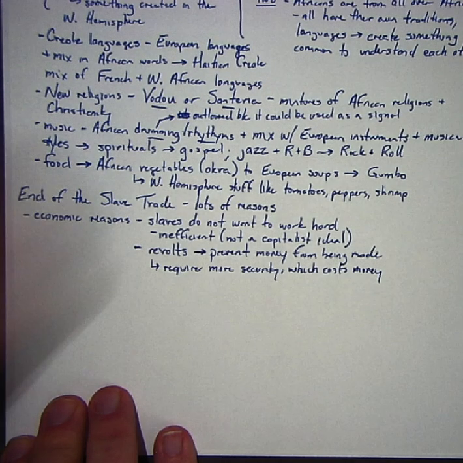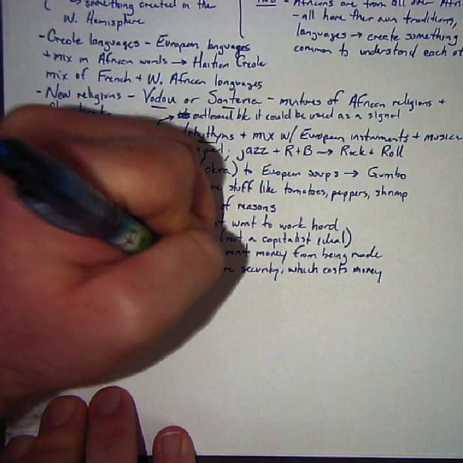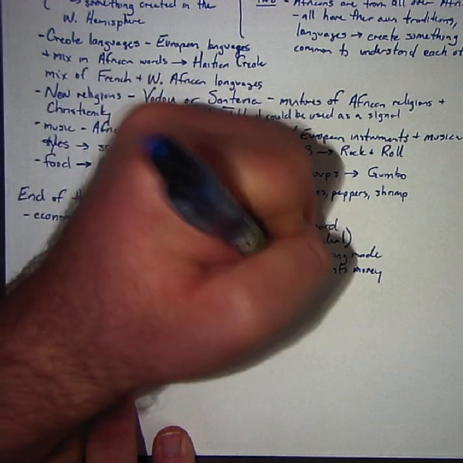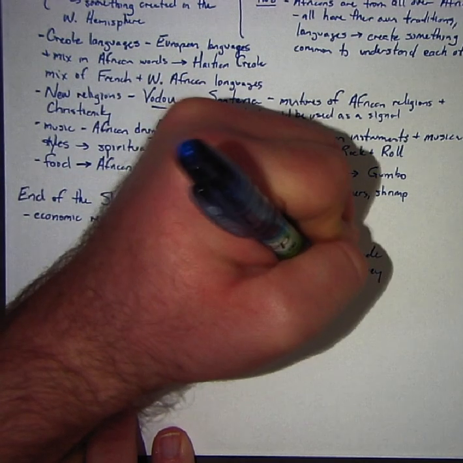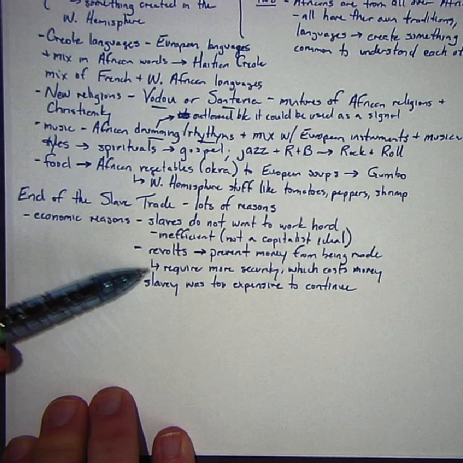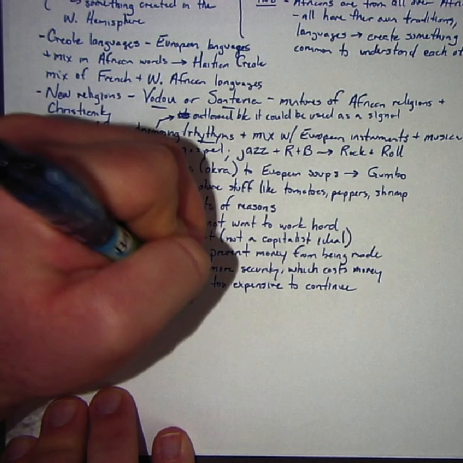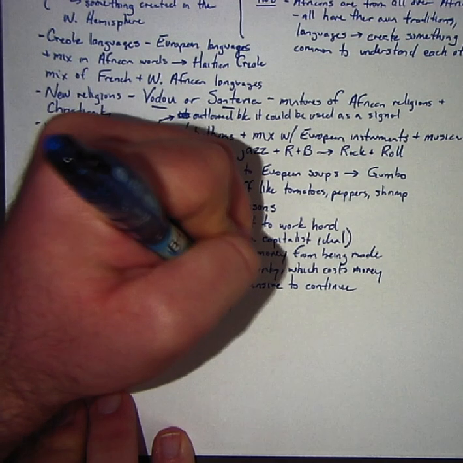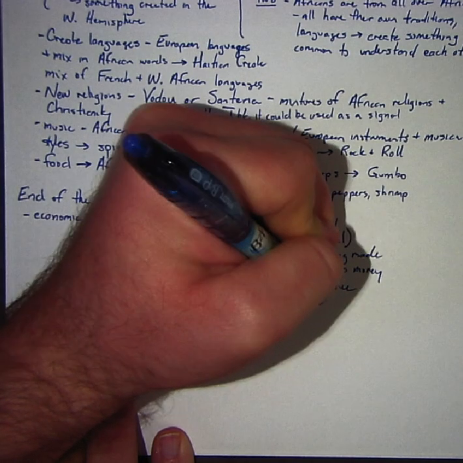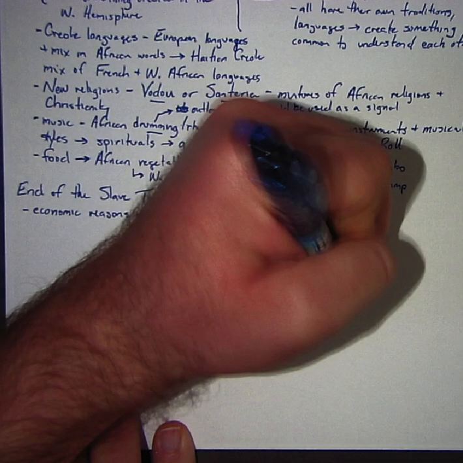So, in effect, slavery was too expensive to continue. Because not only is it inefficient and unsafe, but you also have to provide food and shelter to the slaves, which also costs money.